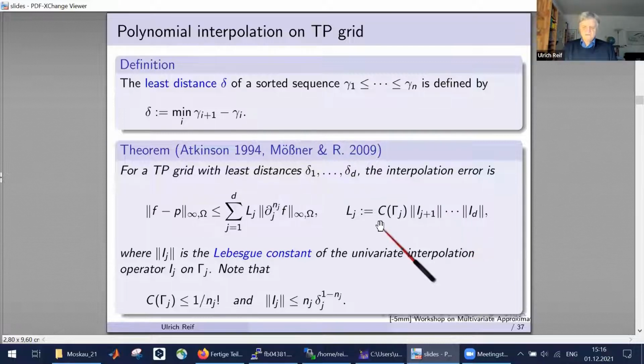You have these uniform constants, but then the Lebesgue constants of univariate interpolation. And it's important to note that the Lebesgue constant of an interpolation operator depends on the least distance. If delta, this least distance, is becoming small, the Lebesgue constant gets big. So this constant is again not uniform.